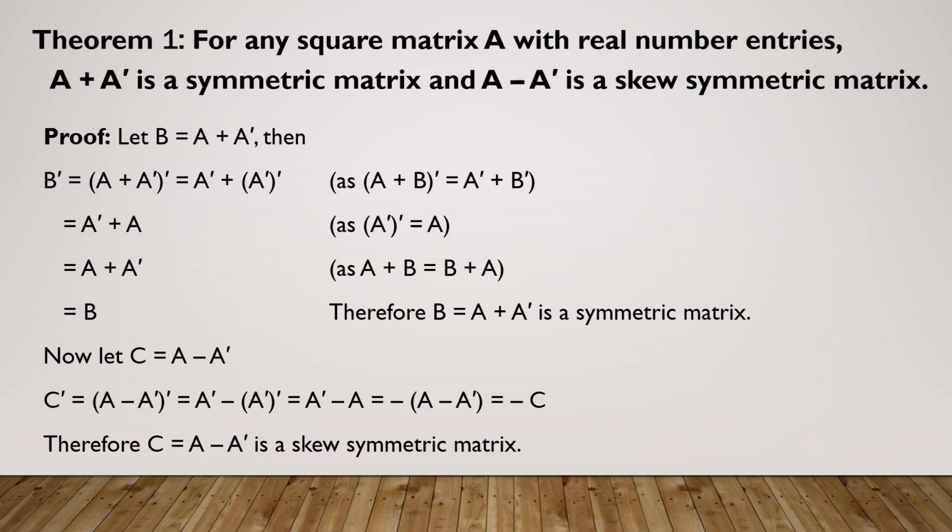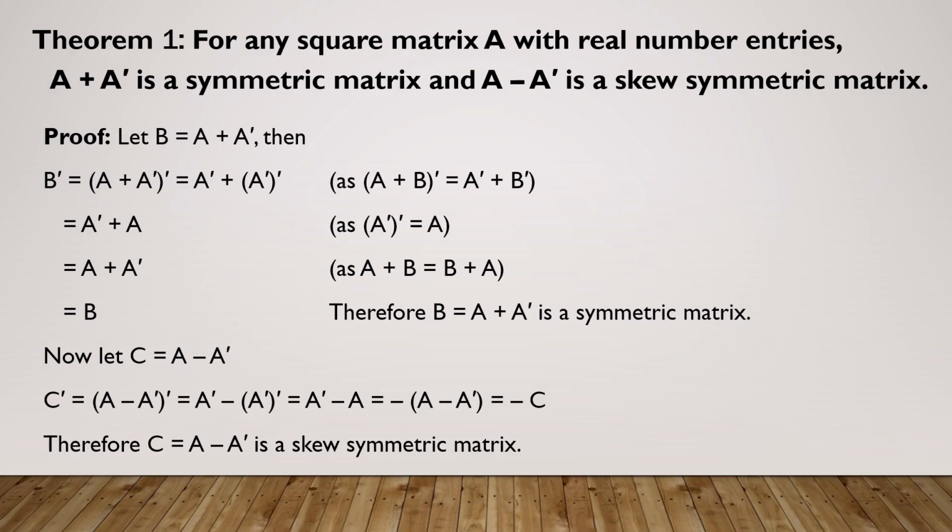So the first element transpose is A transpose. Second element is A transpose transpose. But you know that is equal to A. So basically you have got B transpose as again A plus A transpose, means B. If B transpose is B, then B has to be a symmetric matrix. But what was B? B was A plus A transpose. So first part we have proved that A plus A transpose is a symmetric matrix.